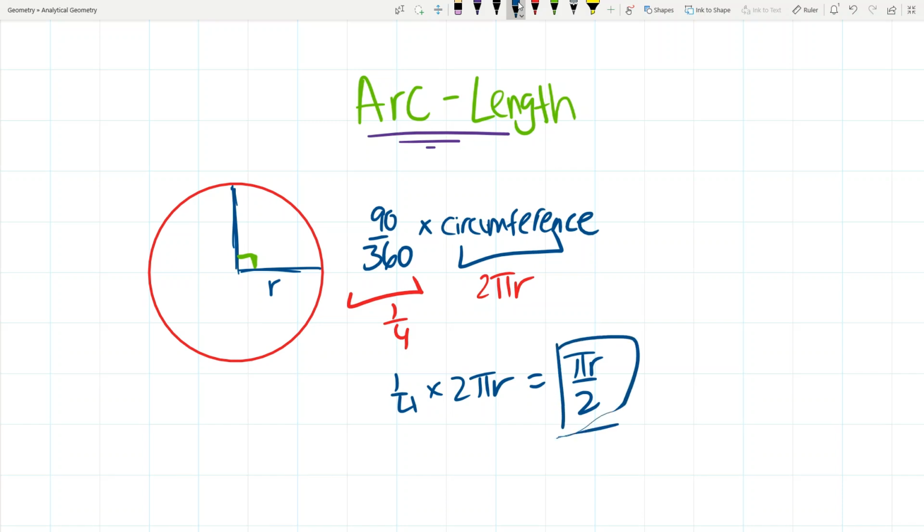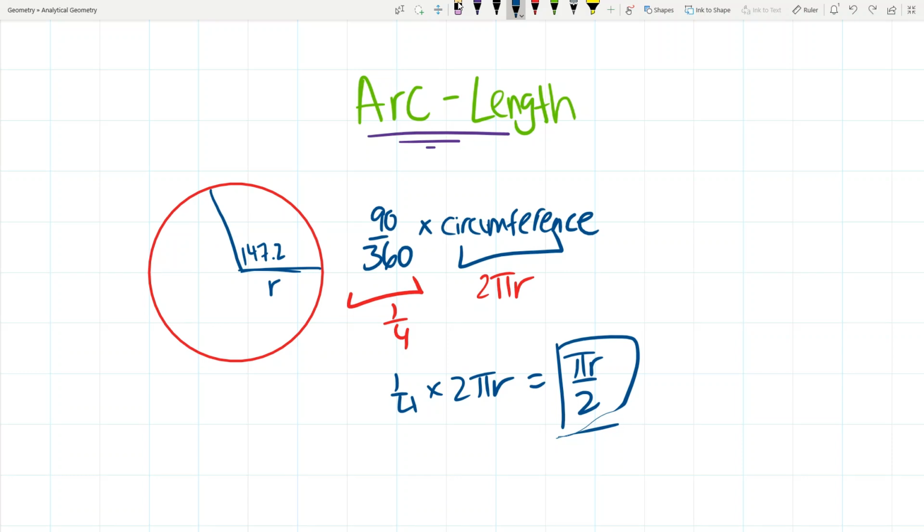But what if we had an obscure angle? What if I told you that it was like this, and this angle was 147.2, how would you be able to find a formula for this?